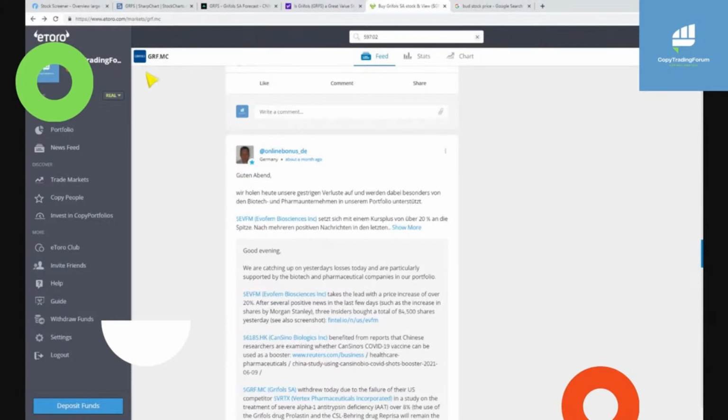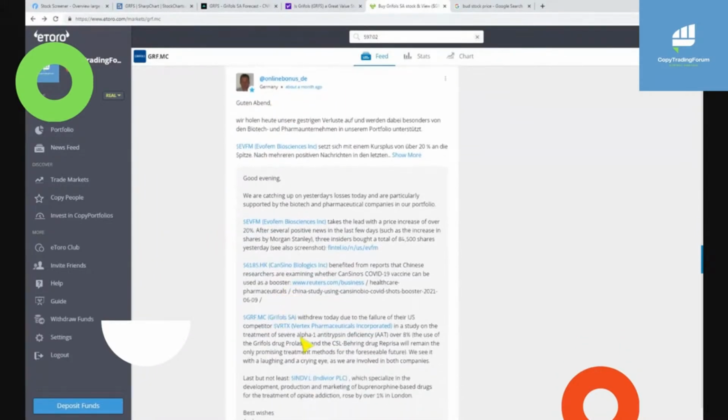But also, I put Grifols into eToro, and I got the stock here, and I just looked at the news feed underneath for each stock. And this guy here, online bonus _DE, published an article about a month ago on why the Grifols stock went down. So Grifols withdrew today due to failure of their US competitors.